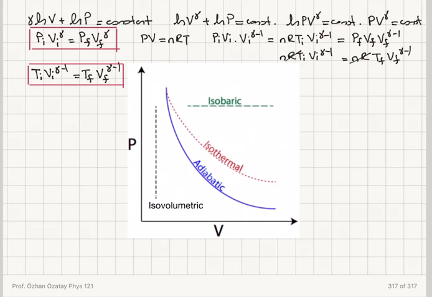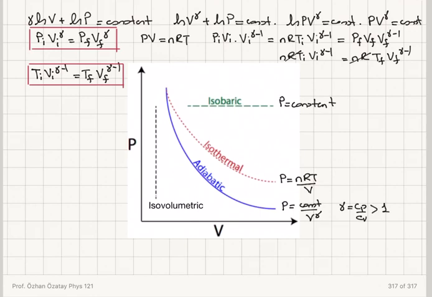Now, if you look at the way pressure varies as a function of volume, in order to compare these three different types of processes, for the isobaric process, pressure is a constant. For an isothermal process, you have pressure is equal to nRT over V. For the adiabatic process, pressure is a constant divided by V to the power gamma, where gamma is CP over CV and it's greater than 1.